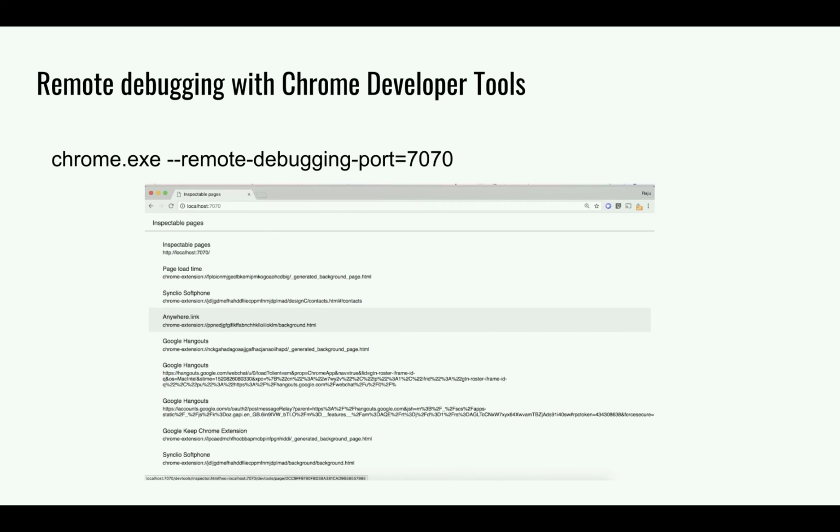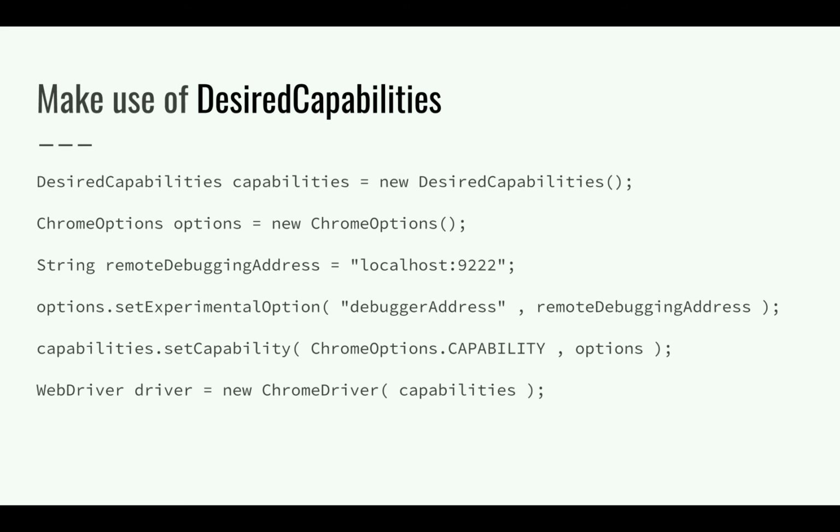Once you do this and start your Electron application, you need to ask the Chrome driver to communicate to that particular port. To do this, we're going to make use of Chrome options and desired capabilities.